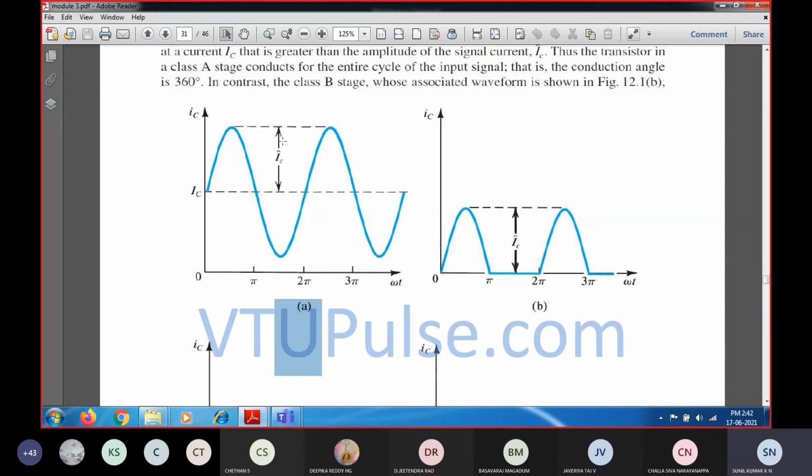The output characteristics of the amplifier transistor are VCE versus IC. You can recall that it is output current with respect to the output collector to emitter voltage.